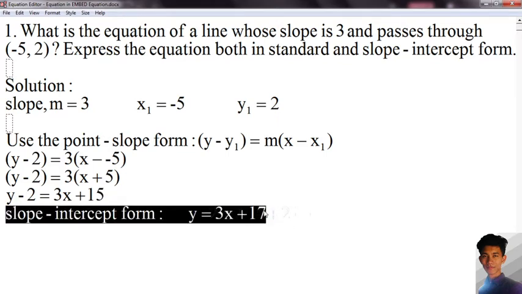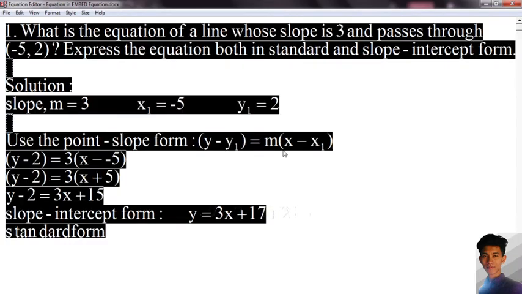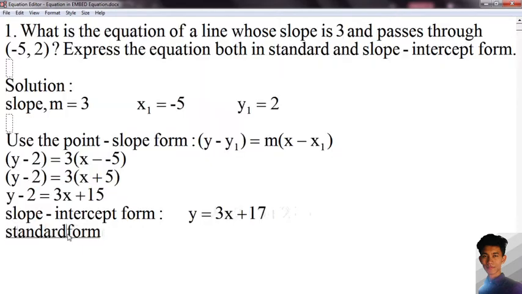Okay. Now, paano naman siya sa standard form? So, yung standard form niya ay kailangan magkasama yung x and y sa magkabila, no? Or sa left side.